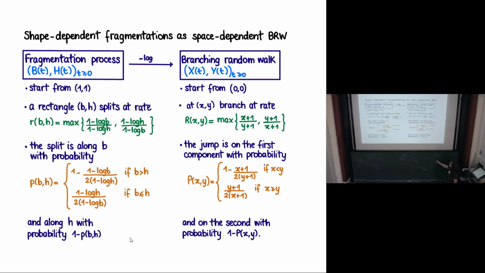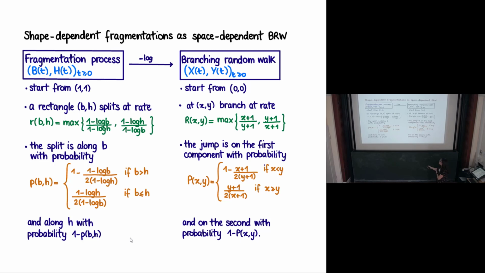The fragmentation process starts from the unit square, so 1, 1, and therefore the branching random walk will start from the origin. And this is just the analogy between the rate function and the splitting probability. So the green one is the one that I've been telling you about for the fragmentation process, and the one for the branching random walk can just be obtained by substituting minus log of b with x and minus log of h with y. So I'm not doing anything, just rewriting things with different variables.